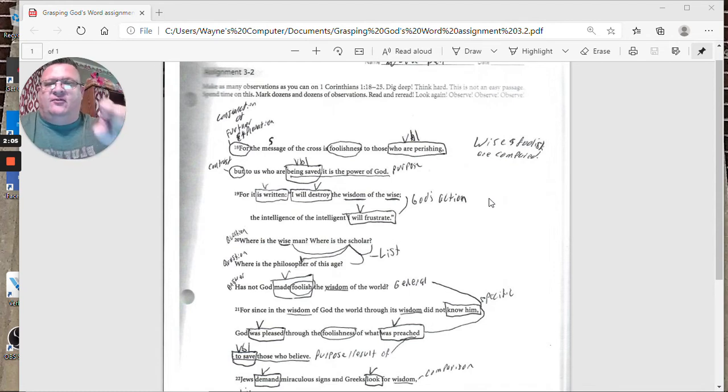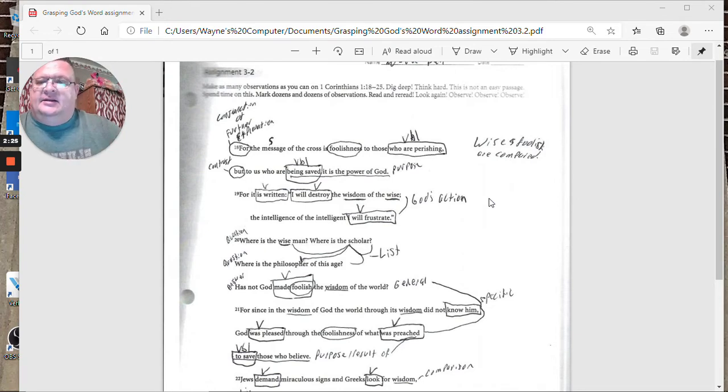So all my verbs, I put squares around. And then there is a lot of repetition. If you look at the verse here, foolishness is repeated, as well as wisdom. Those words are repeated. And so I just underlined one and circled the other.